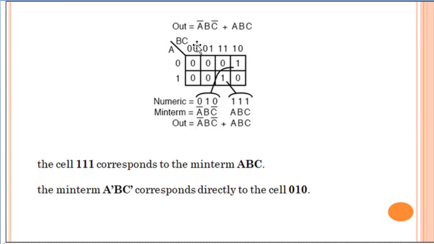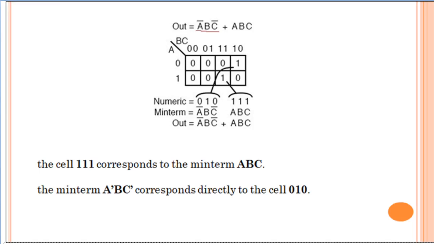Okay, here the first term is a bar b c bar. Now we will find the value of that particular term. This will be 0 1 0, because a bar means 0, b only means 1, and c bar means 0.